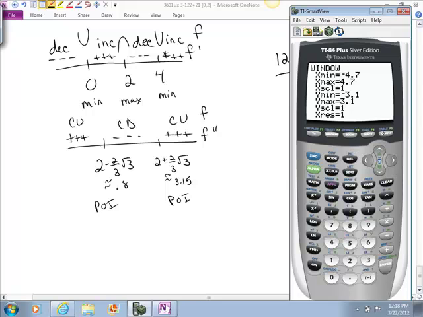Window. Well, if you go to your table, let's see. So yeah, let's make our window like negative 30 to 30. Right, and so here's your original function.